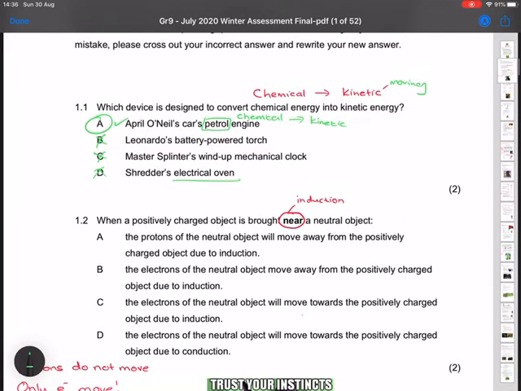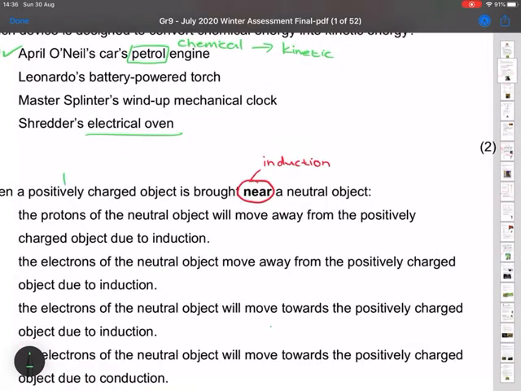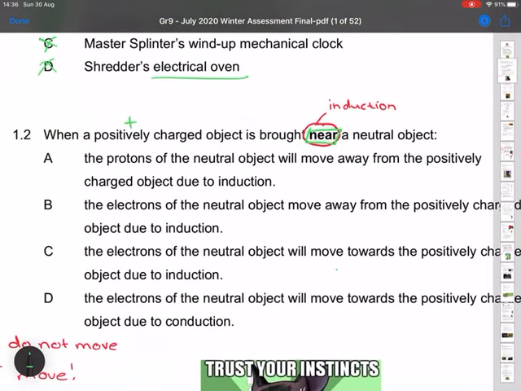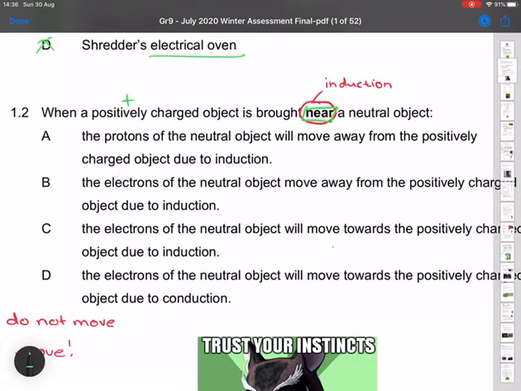So that was what I was asking you there, the energy conversions. When a positively charged object is brought near, so near, we even put that word in bold, guys, a neutral object, you should be thinking of induction, charge being transferred by induction. Then also we've got a whole bunch of answers about protons moving and electrons moving.